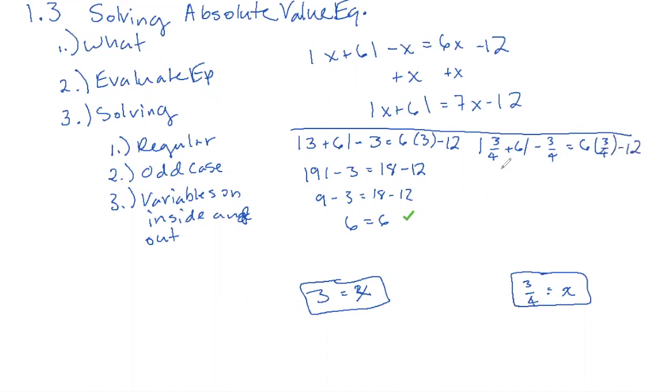So we're going to check it here. 3/4 plus 6 is going to give us 6 3/4. Absolute value of 6 3/4 minus 3/4. And then on the right-hand side, 6 times 4 is 24 plus 3, this is going to be 27 over 4. Minus 12 is going to be 48 over 4.